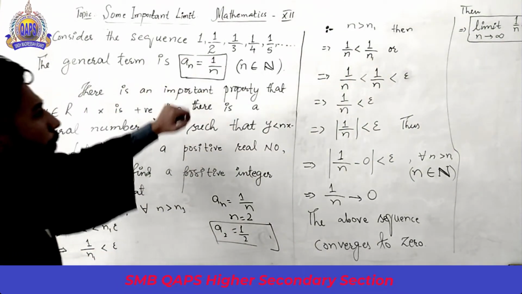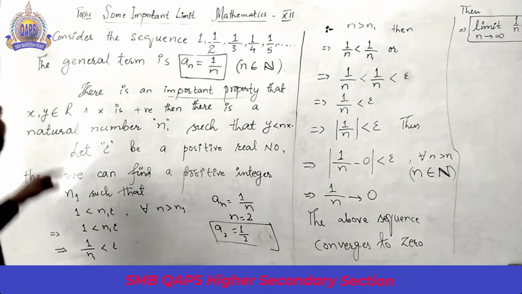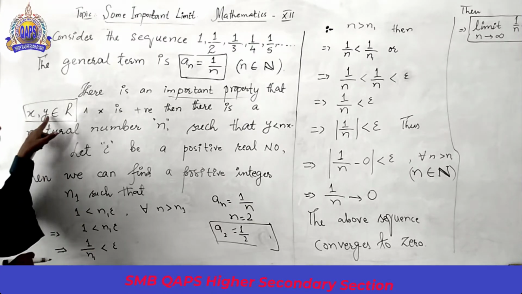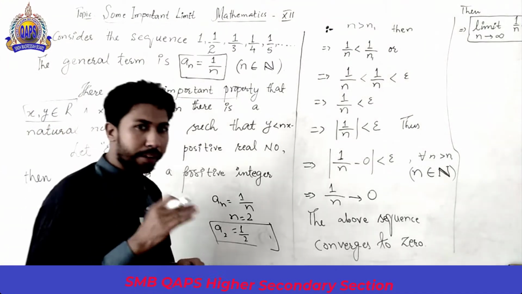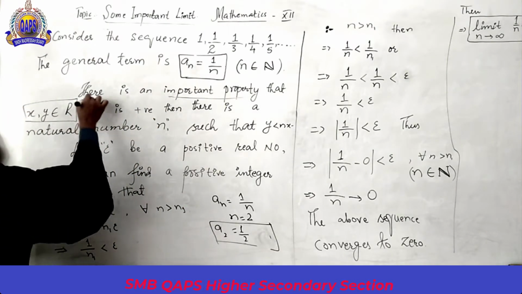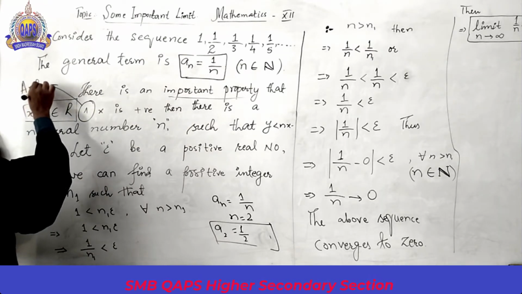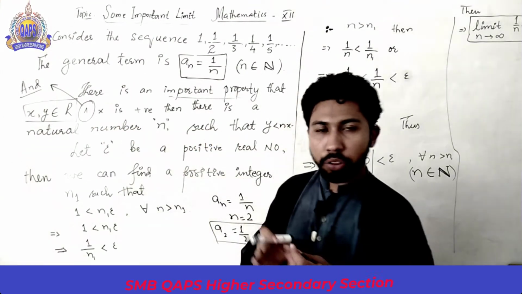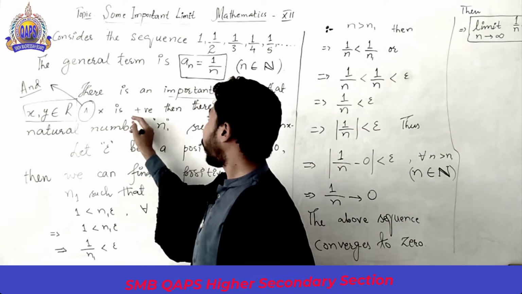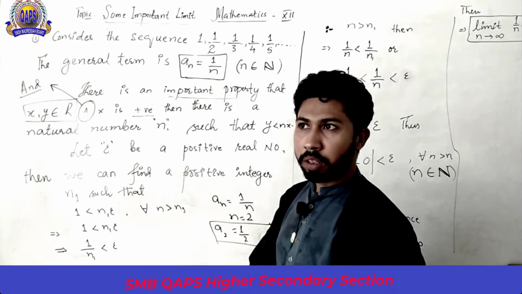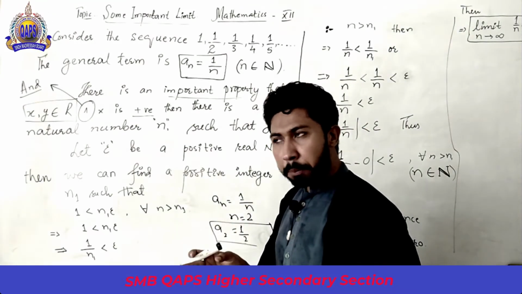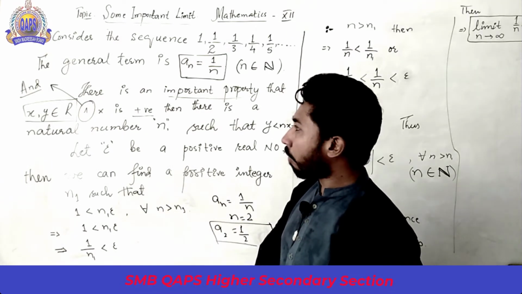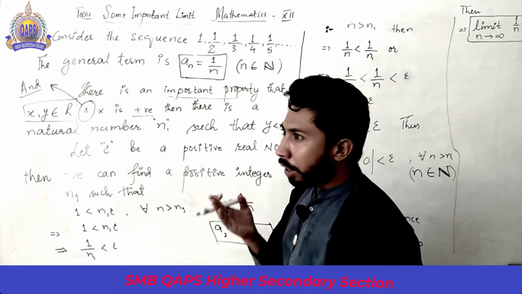So there is an important property: x, y belong to R. Both x and y belong to the real numbers, where R represents the real numbers and this symbol represents 'and'. x is a positive number, but y can sometimes be positive, sometimes negative, or sometimes equal to 0.